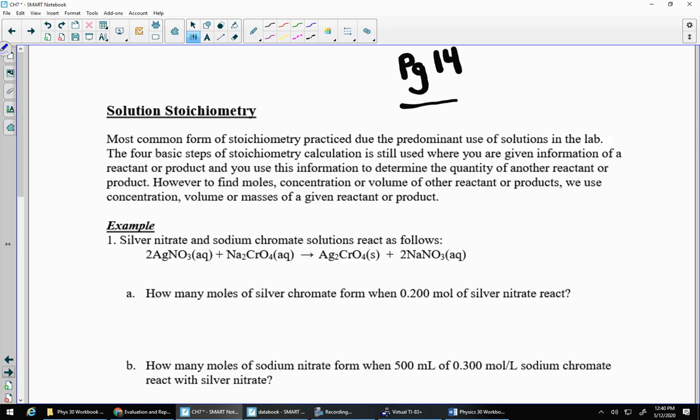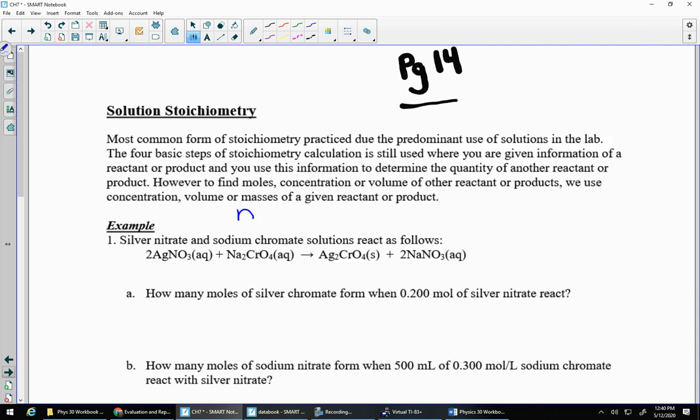It's kind of the same thing over and over again, right? We start with a balanced chemical reaction. We're given enough information to figure out the moles of something. We use our mole ratio to figure out the moles of something else, and then we solve the problem either again using concentrations or potentially using masses and molar masses. So same sort of idea.